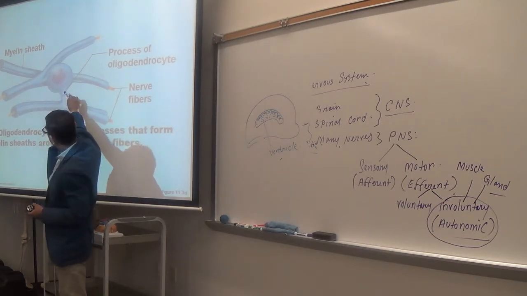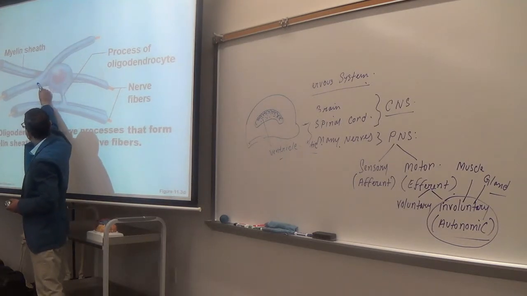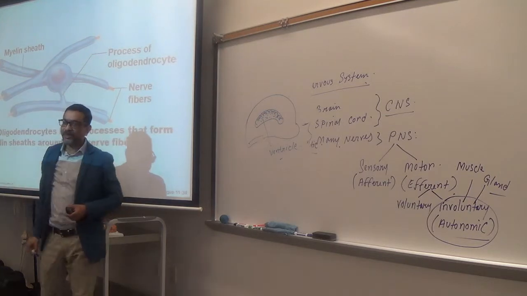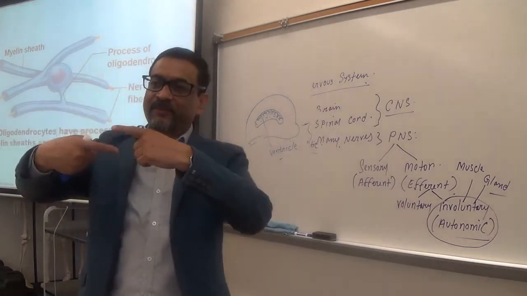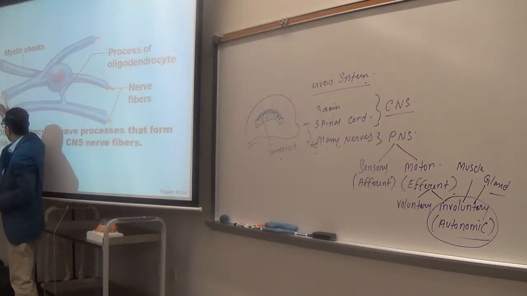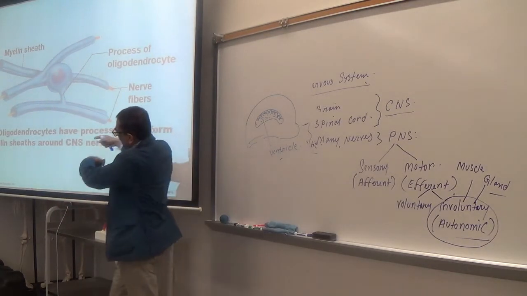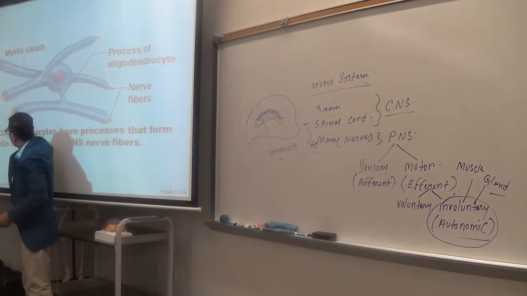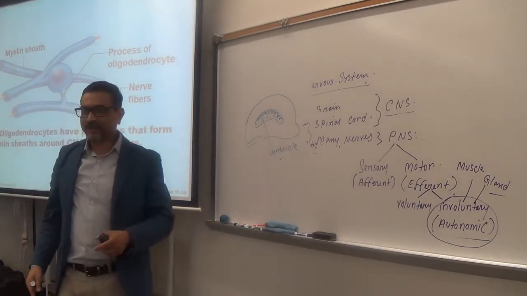Now you see, from the cell body, extensions come out and wrap the nerve fibers multiple times. You see, these are the nerve fibers, the yellow ones, and they are wrapped by those processes. So, is it not beautiful?